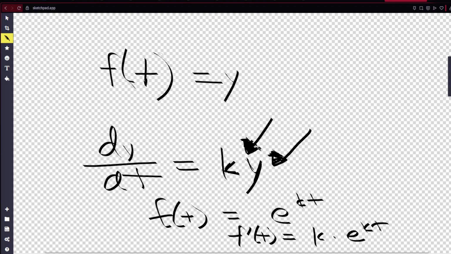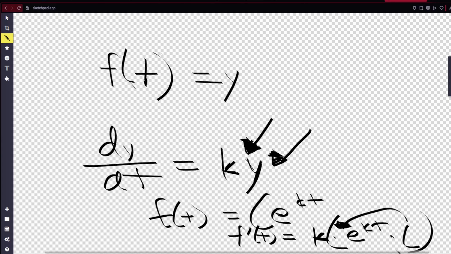But note that k is some arbitrary constant, which also means that this form works if there's a constant behind the e to the power of kt, such that this entire form works and k gets included in that c term here. But note that we can rearrange the function such that k is on the outside.